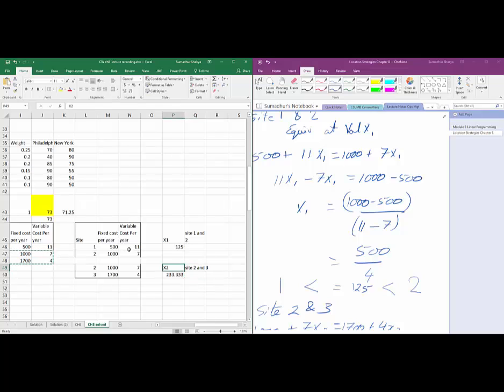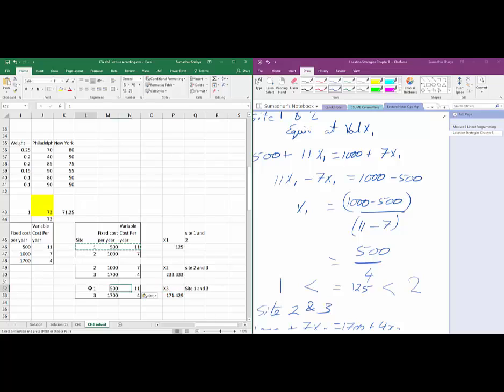Now, it's not required in this case, but there may be a scenario wherein you also have to compare site 1 and 3. Let's say if that was to be the case, let that be x3. Now all you have to do is put in the values for site 1 and 3, and that should reflect the boundary between them.